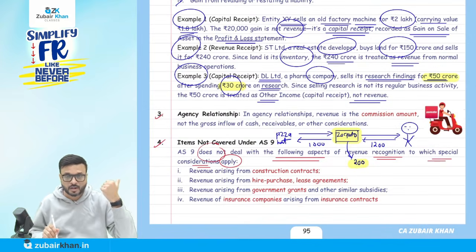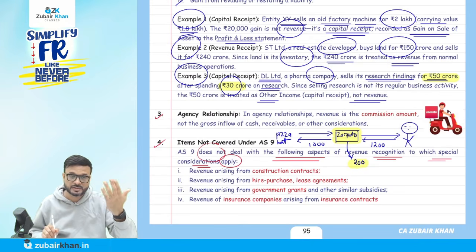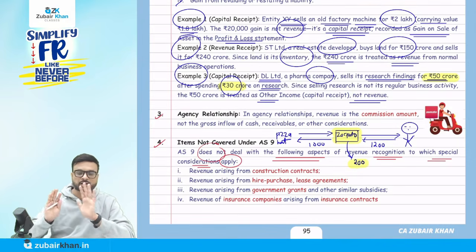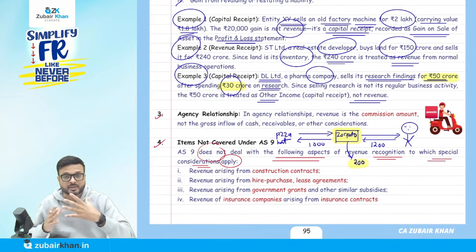That is covered by Accounting Standard 7. Now, revenue arising from hire purchase and lease agreements is covered by Accounting Standard 19. Revenue arising from government grants and other similar subsidies is covered by Accounting Standard 12. And revenue of insurance companies arising from insurance contracts. They have a different way of doing the recognition, so that is also not covered under Accounting Standard 9. So under these four, AS 9 does not apply.